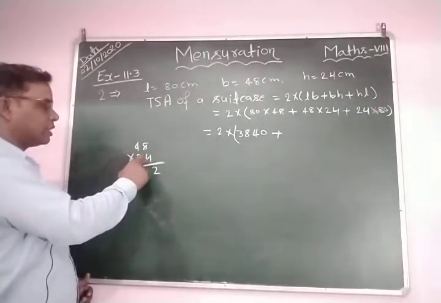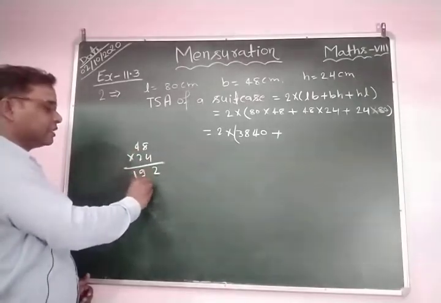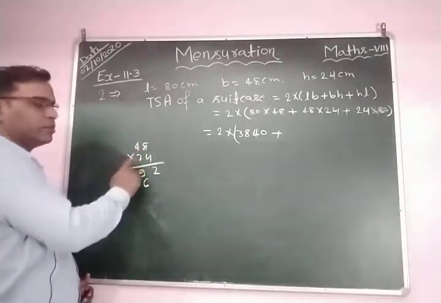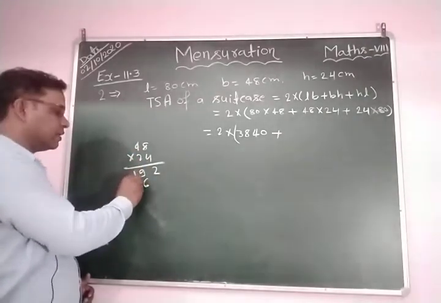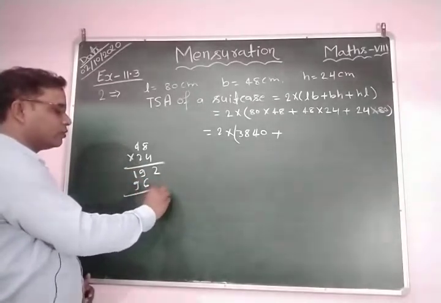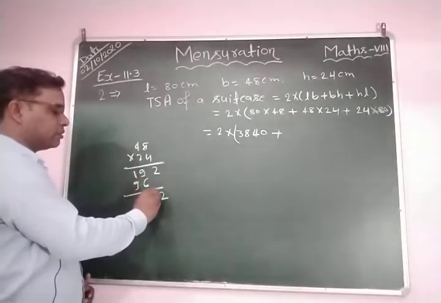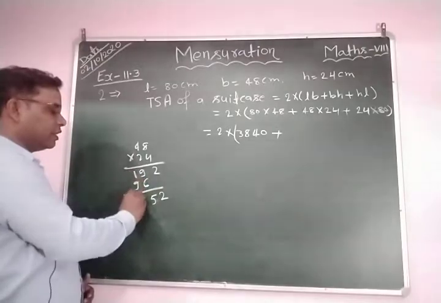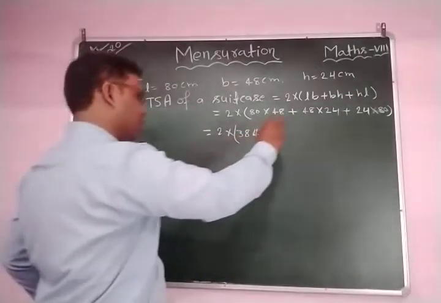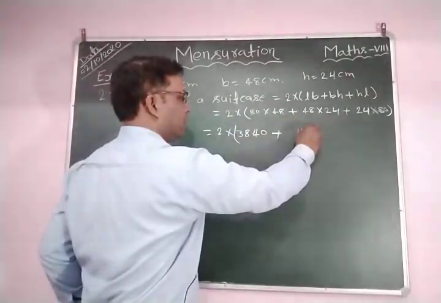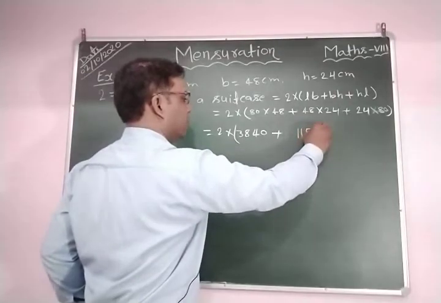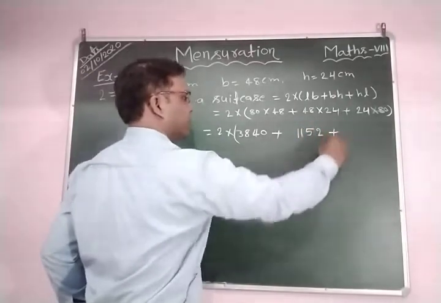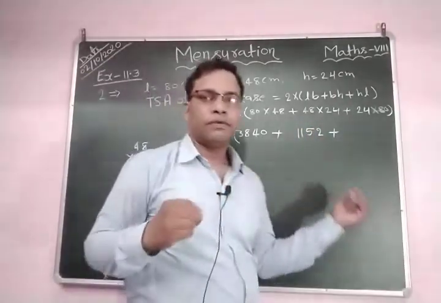Okay. Again 8 2s are 16, carry 1, 2 4s are 8, 1 is 9. Then we obtain 1152 plus next 24 into 80.